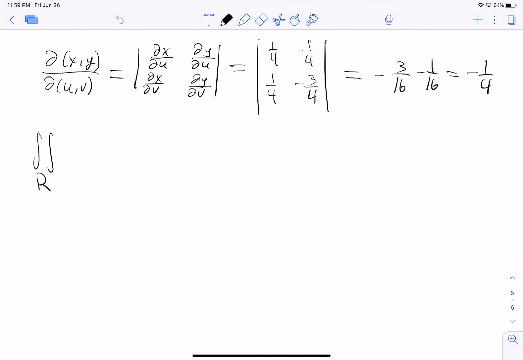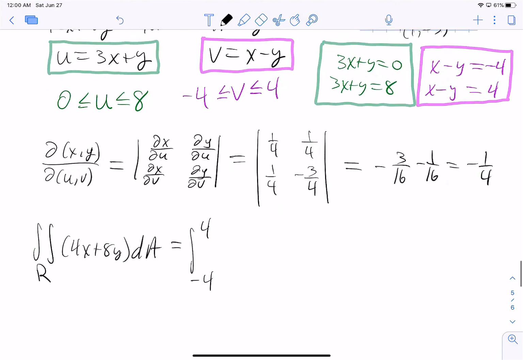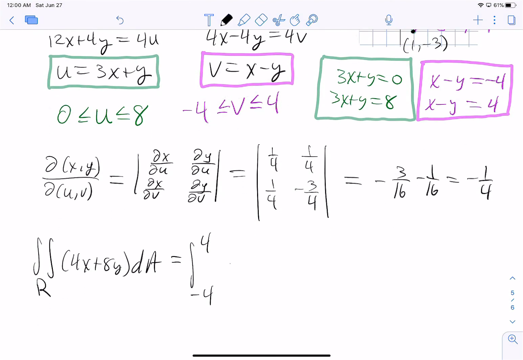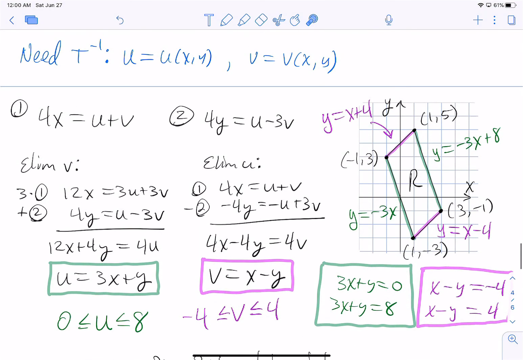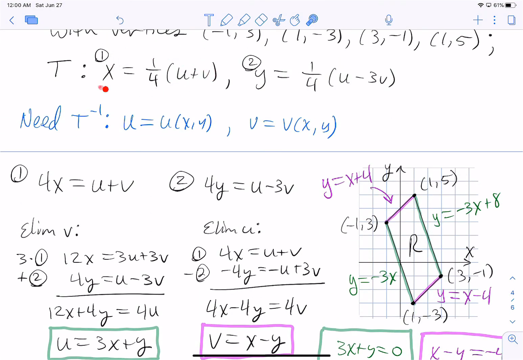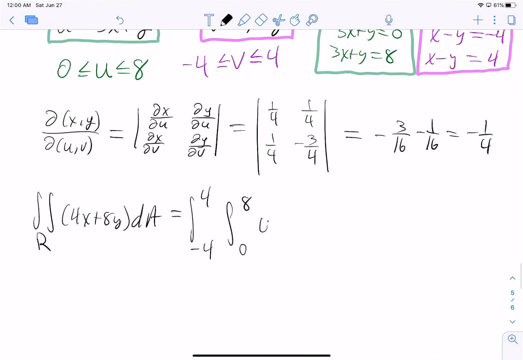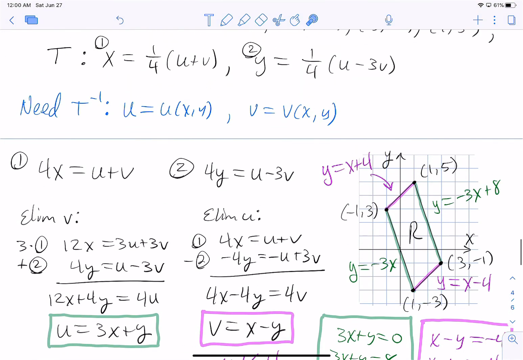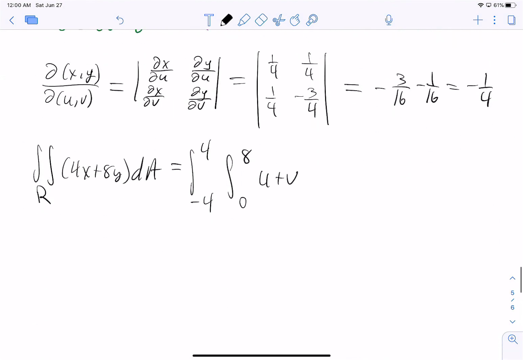We can now say the double integral over R of 4x plus 8y dA is equal to the integral from -4 to 4, those are the limits on v, of the integral from 0 to 8, those are the limits on u, of 4x, but x is 1/4 times the quantity of u plus v, so 4x is simply u plus v, plus 8y, but y is 1/4 times the quantity of u minus 3v, and so 8y is going to be 2 times the quantity of u minus 3v.